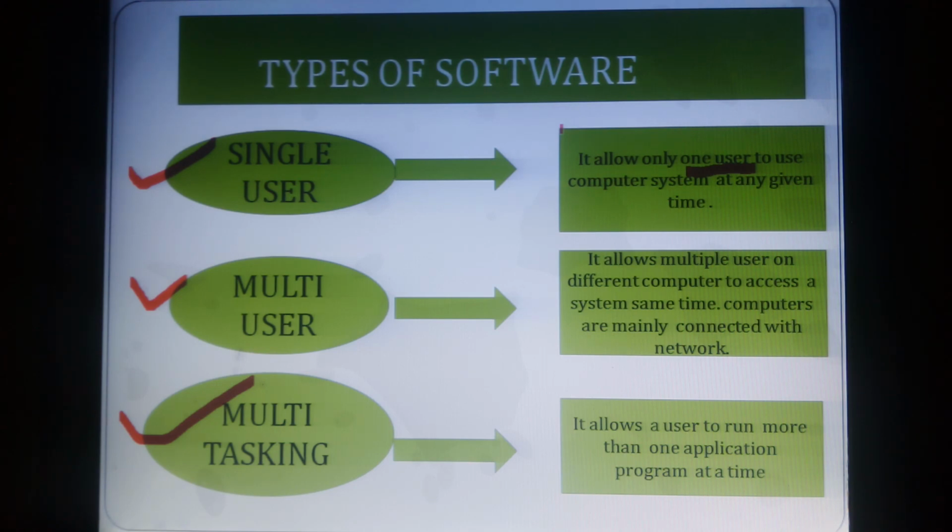Now we are going to discuss multitasking. A multitasking operating system allows a user to run more than one application program at a time.